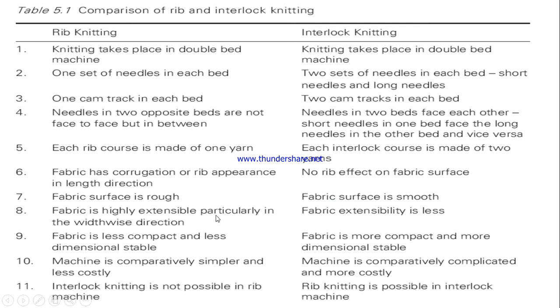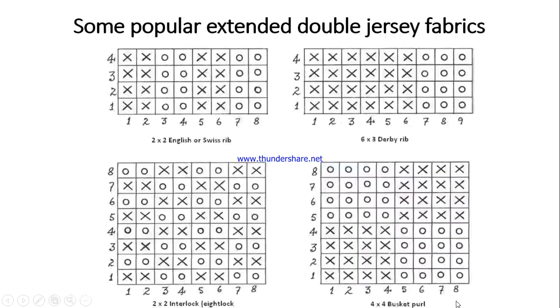Rib fabric is highly extensible, particularly in the widthwise direction; in interlock, extensibility is less. Rib fabric is less compact and less dimensionally stable; interlock is highly compact and highly dimensionally stable. The rib machine is comparatively simpler and less costly; the interlock machine is comparatively complicated and costly. Interlock knitting is not possible in a rib machine, but rib knitting is possible in an interlock machine.